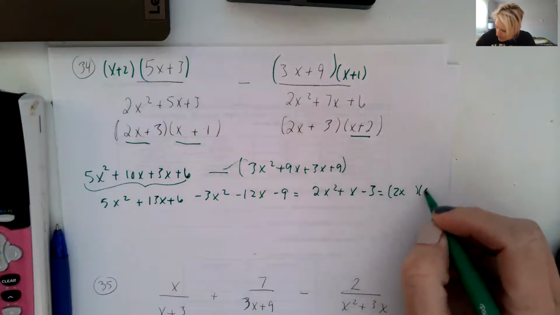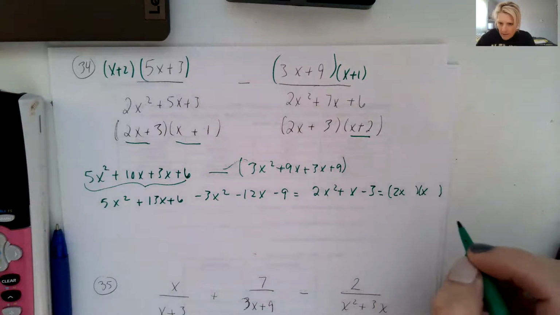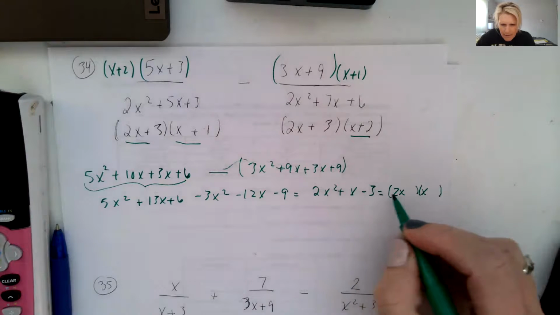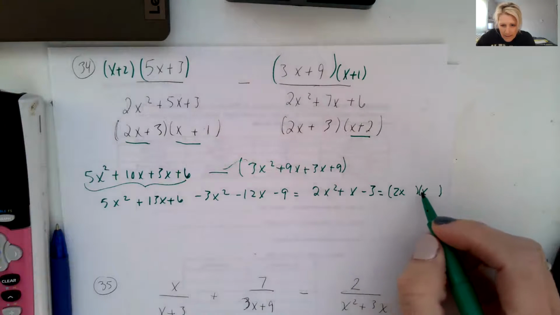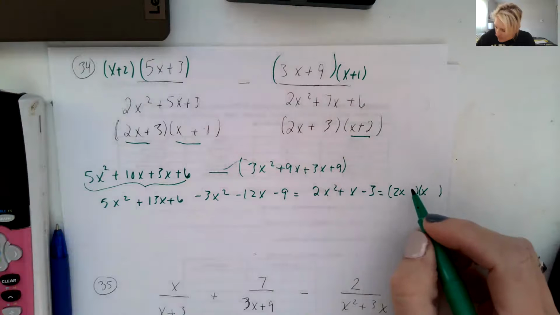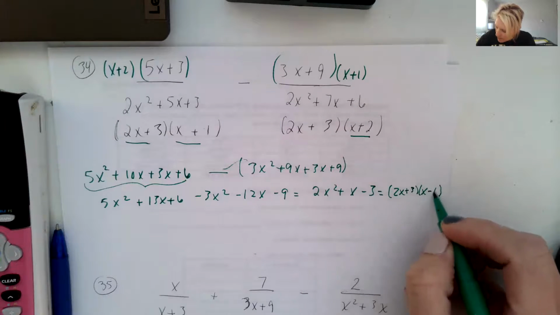So that's going to factor into 2x and x, and so a plus 3, 2x plus 3 and x minus 1.